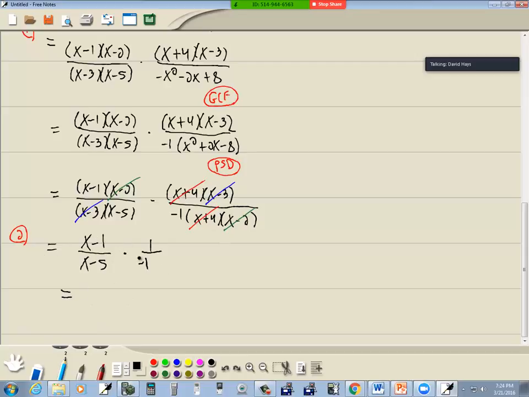Now, there's nothing left to cancel, so step 3, multiply the top parts together, multiply the bottom parts together. X minus 1 times 1 is x minus 1. And this negative, a lot of times they'll put it out in front of the fraction like that. Or if you put it down below, it would look like x minus 1 over negative 1 times x minus 5, which would give you x minus 1.